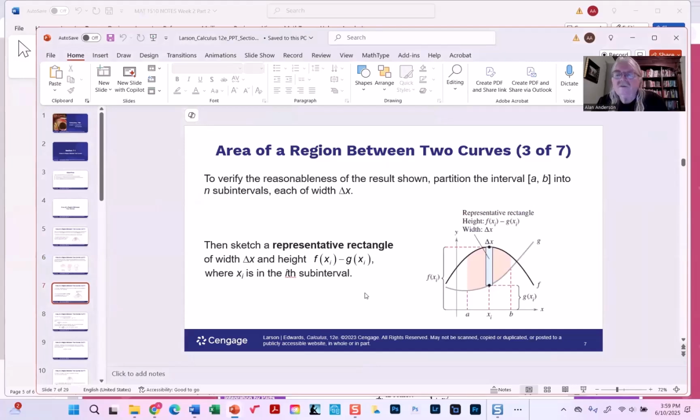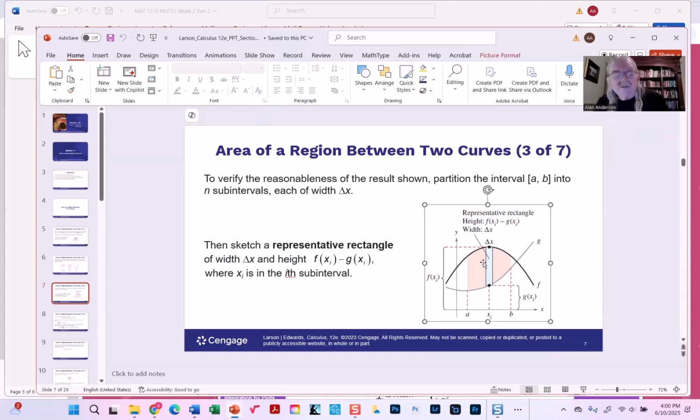Now they're building up to a result that we'll need later on. Within that distance between the two curves, we could partition this into a bunch of rectangles with width delta x. The height is simply the difference between f of x and g of x at that point x sub i.